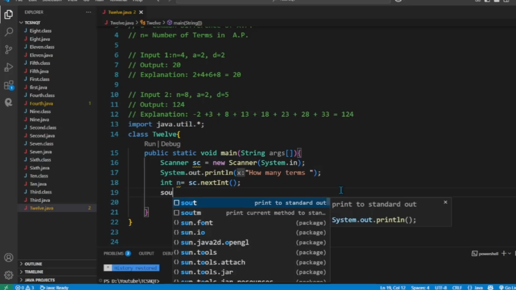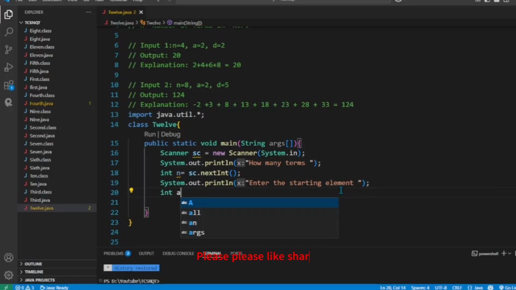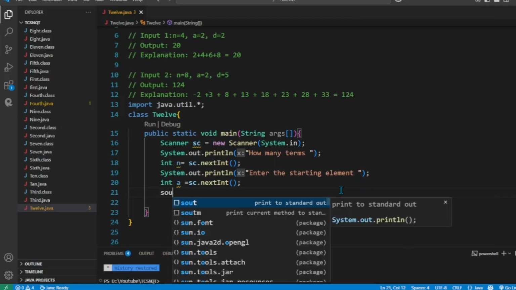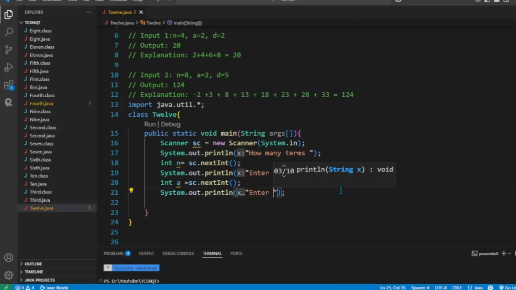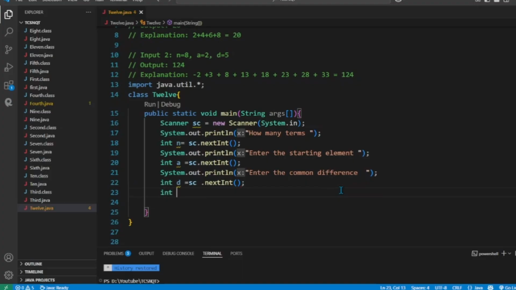After that give a message for the starting point, enter the starting element, and take int a equal to sc.nextInt. After that give a message, enter the common difference. Simply take int d equal to sc.nextInt, and after that take a variable int sum equal to, and apply our formula.